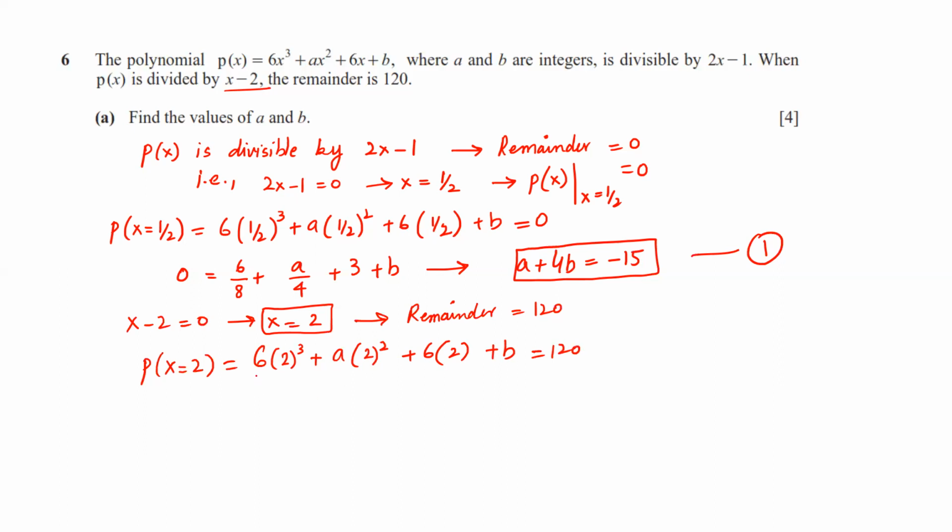Okay, so what you are left with is 120 is equal to 48 plus 4a plus 12 plus b, and this simplifies to 4a plus b is equal to 60.